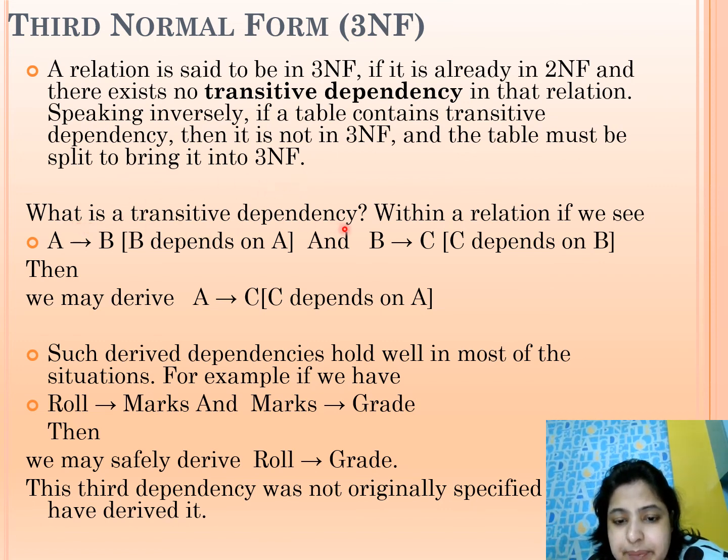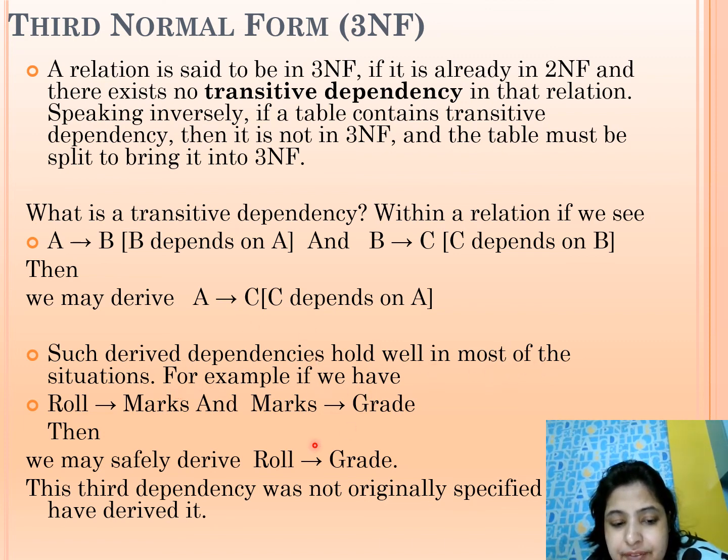What is a transitive dependency? Basically, within a relation, if B depends on A and C depends on B, then we may derive that C depends on A. Such derived dependency holds well in most situations.